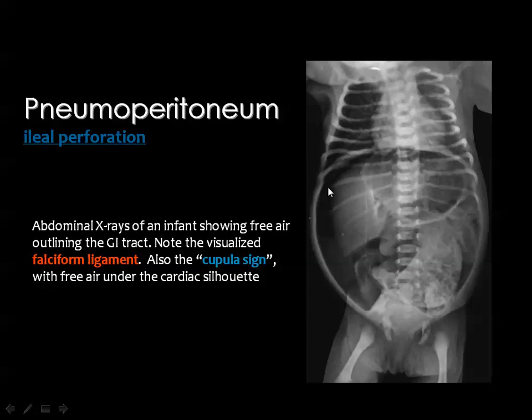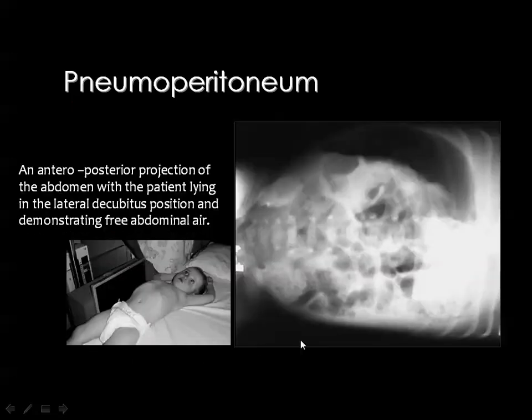And this is known as the continuous cupola sign, or even the cupola sign, which is one of the criteria of pneumoperitoneum. To diagnose pneumoperitoneum, you need to image the patient while he is erect.